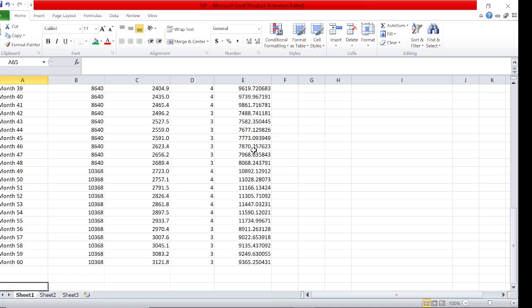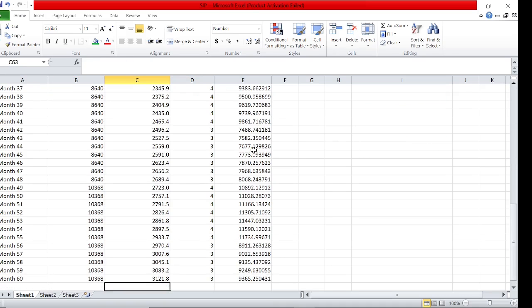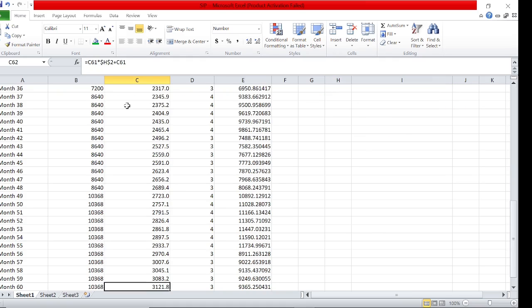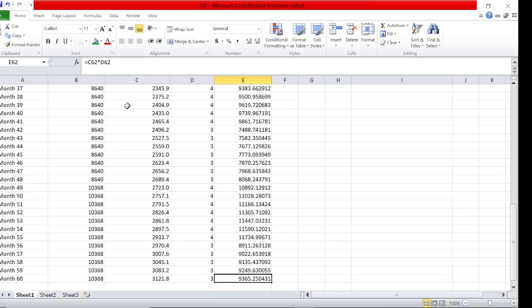So basically at the 60th month, the share value is expected to be about 3121.8, assuming the current share price is 1,500 and it has an annualized return of 15% as you see here, which means a monthly return of 1.25. That will be the share price after the end of 5 years. And this will be your last investment. You're buying 3 shares at 3121, so 9,365 will be your investment.